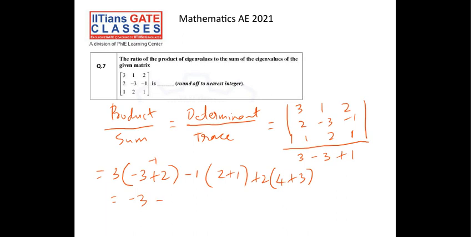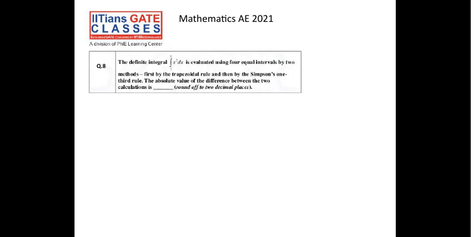Minus 1 into 3 is minus 3. 2 plus 1 is 3 into minus 1 is again minus 3. 4 plus 3 is 7, times 2 is 14. So the final answer we get is 8. The correct answer is 8.